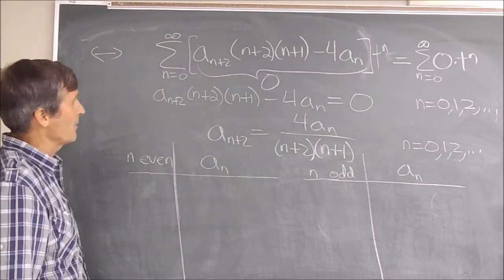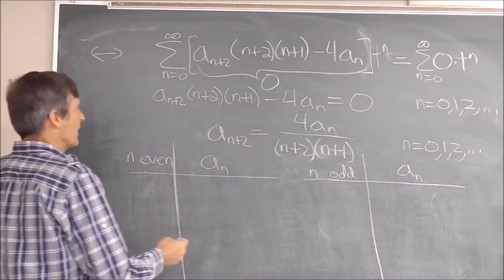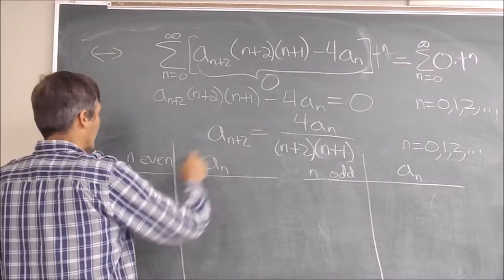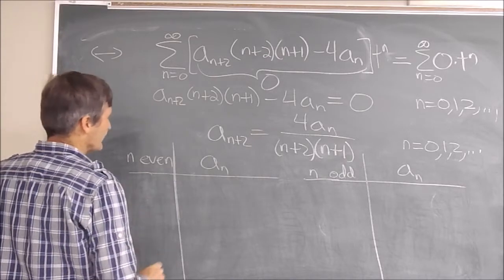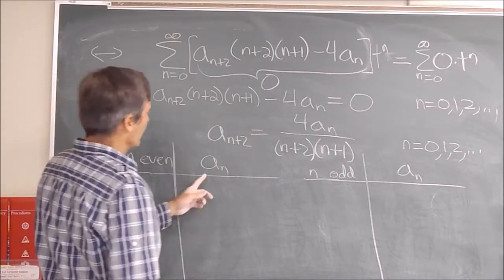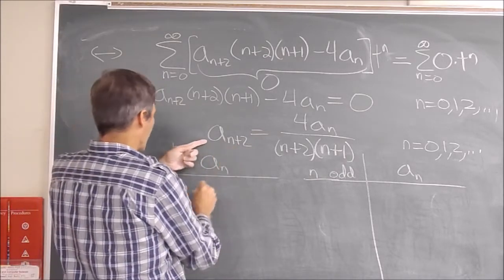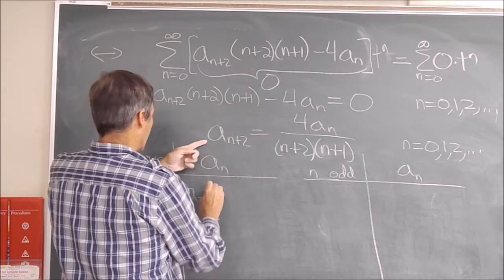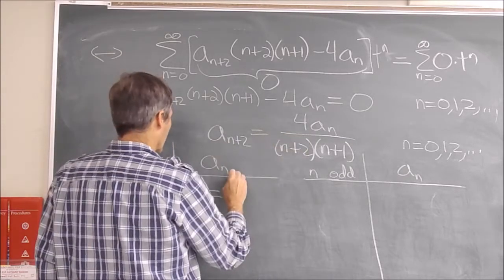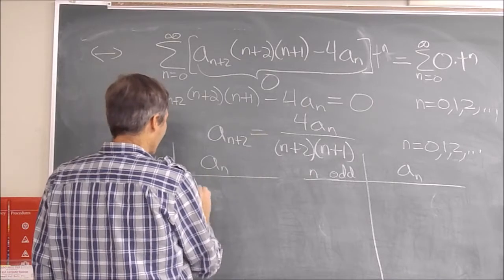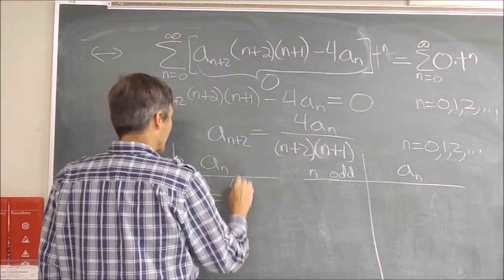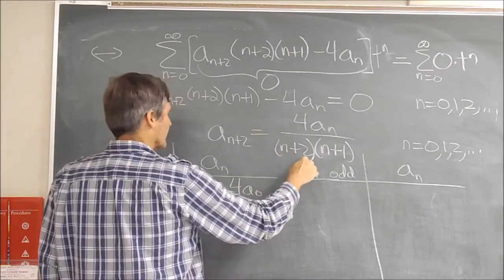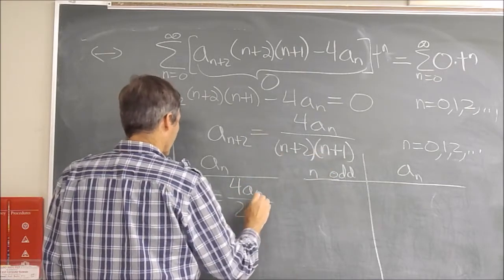So a0 and a1 are arbitrary. Put n equals 0 in the equation: a2 on the left equals 4a0 on the right over (0 plus 2)(0 plus 1), which is 2 times 1.